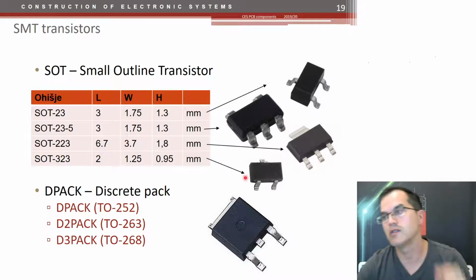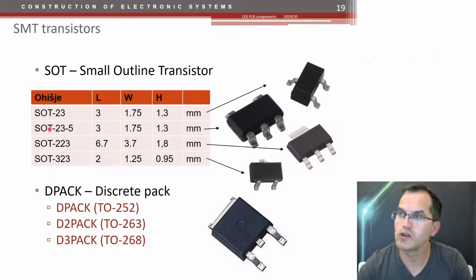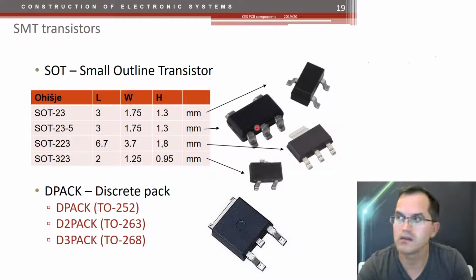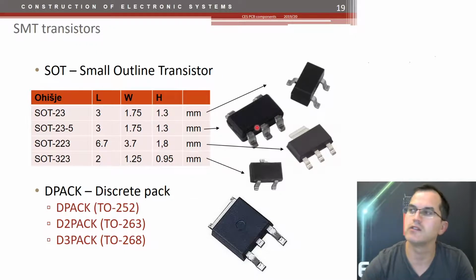All right, so some of the small outline transistors have more than 3 terminals, like that one, which has 5, or you can even find a 6 terminal small outline transistor. In such cases you can find maybe 2 transistors, or an integrated circuit like a microcontroller or A to D converter, or some sensor.